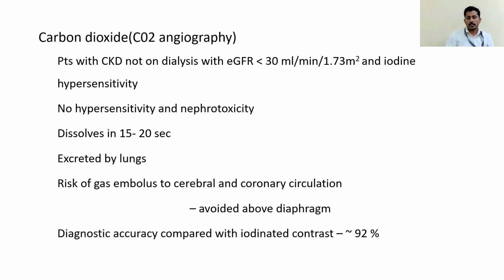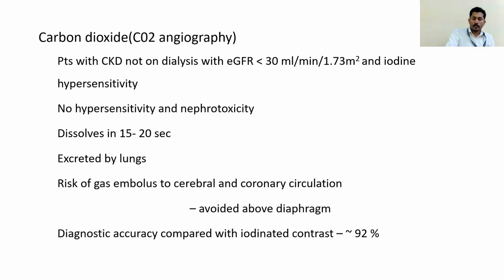In those patients who have limited renal reserve or decreased eGFR, the other option is carbon dioxide angiography, especially when the eGFR is less than 30 ml per minute per 1.73 square meter of body surface area. Usually we will use carbon dioxide. Patients with hypersensitivity to iodinated contrast also will be helped with CO2 angiography.